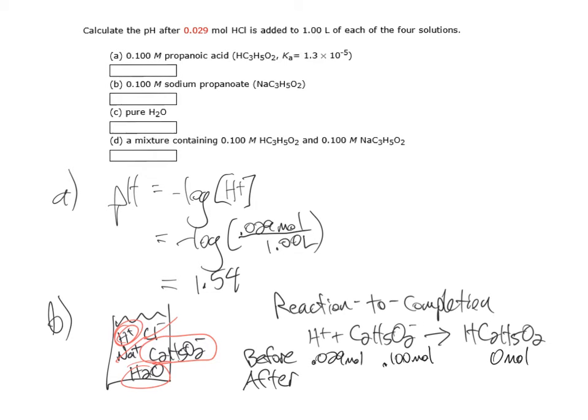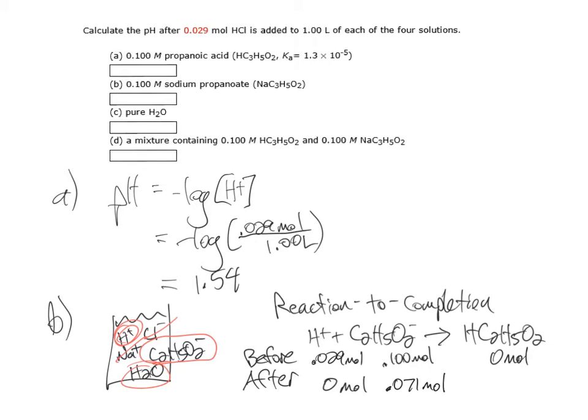To fill out the after line of this table, one of the two reactants will go completely down to 0, and it's going to be the one that has the lower number of moles. Hydrogen only has 0.029 moles, and the propanoate ion has more at 0.1. But the propanoate ion is going to go down by the same amount.